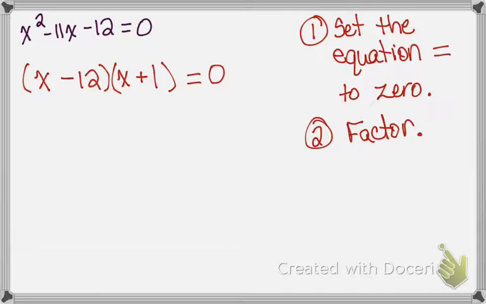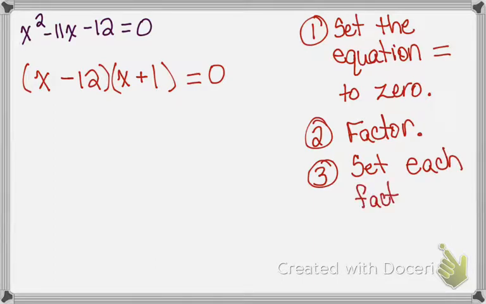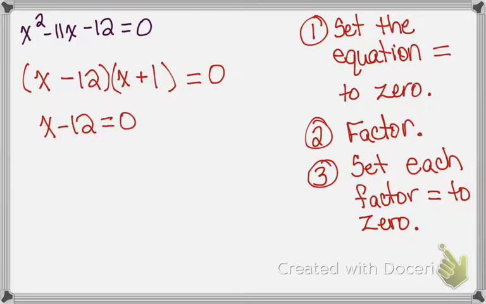Okay? My next step is to set each factor equal to 0. So I'm going to do x minus 12 equals 0 and x plus 1 equals 0.